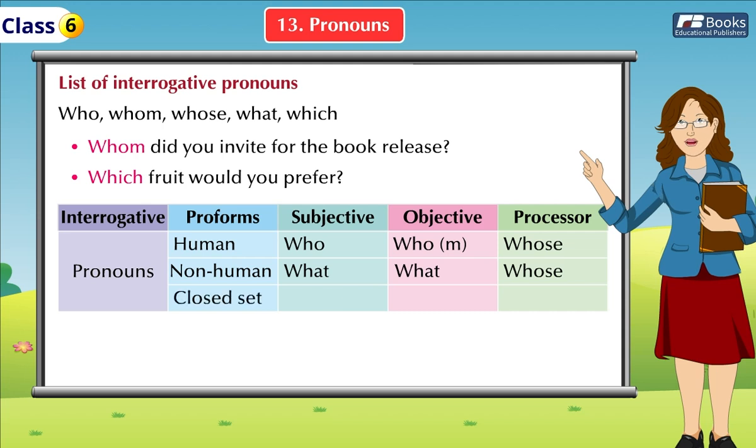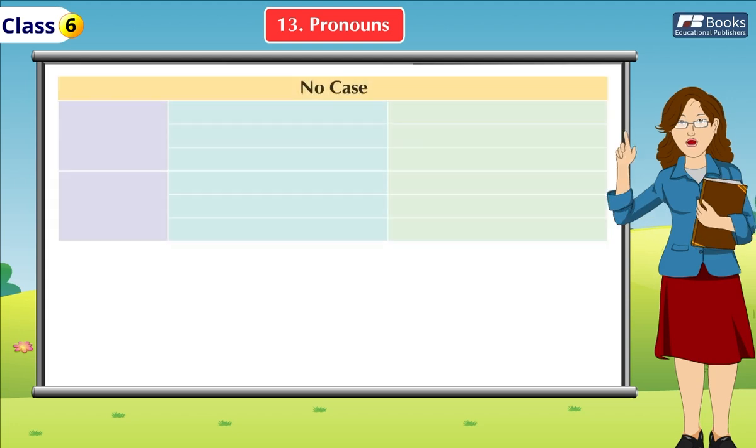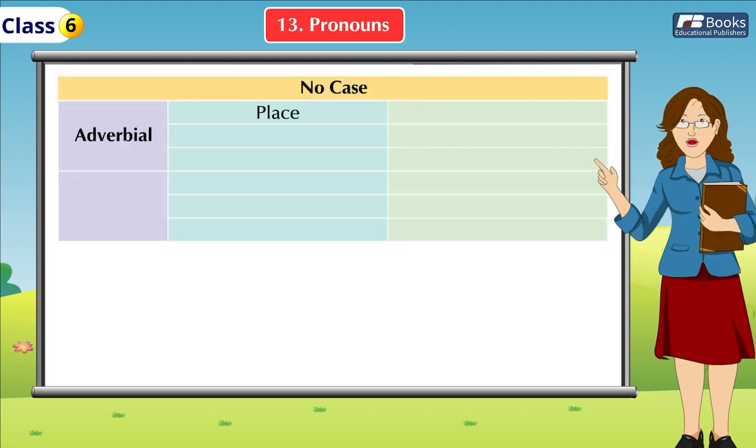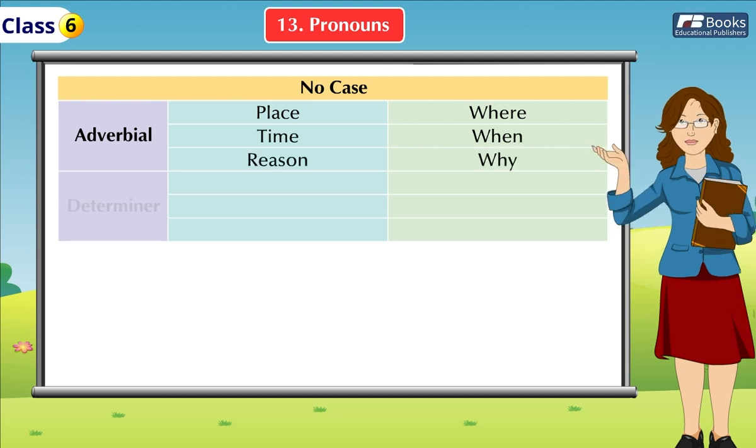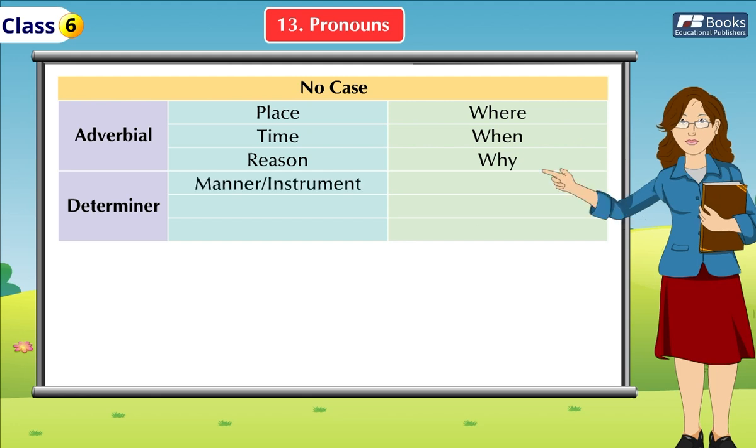Closed set: which, whose. No case, adverbial: place, where; time, when; reason, why. Determiner: manner, instrument, how. General: what.